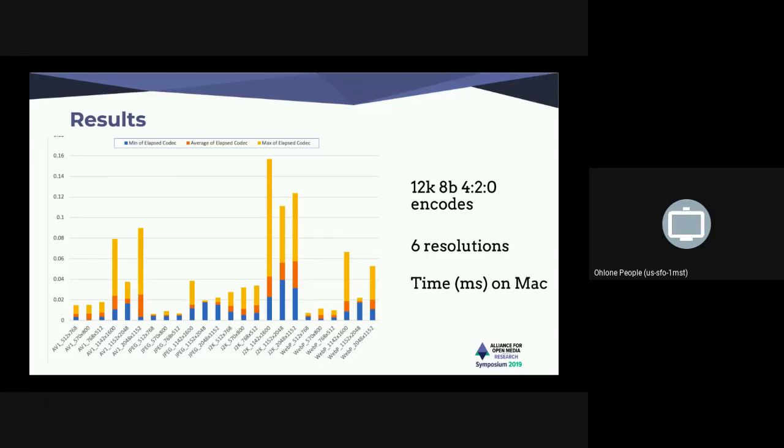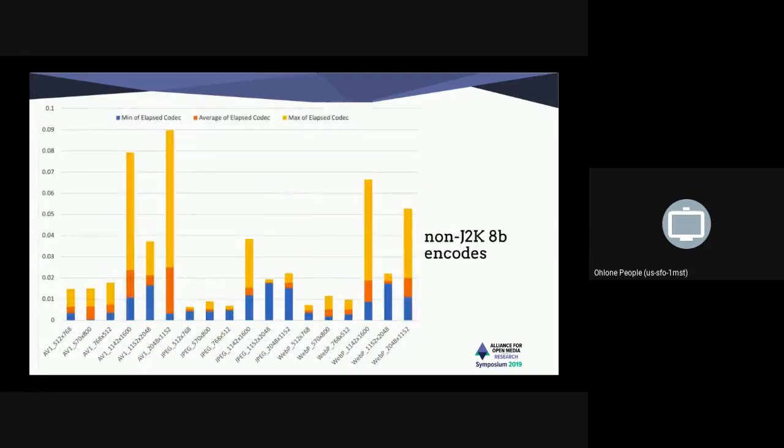So if I remove the J2K part, increasing the scale here, you have more details. You can see that for low resolution, we're, I would say, maybe 1.5 to 2 times slower than JPEG at maximum, but on average, it's probably 1.5 maybe.